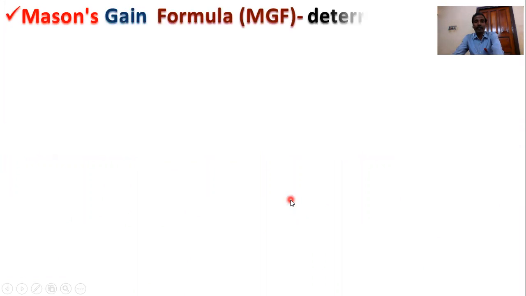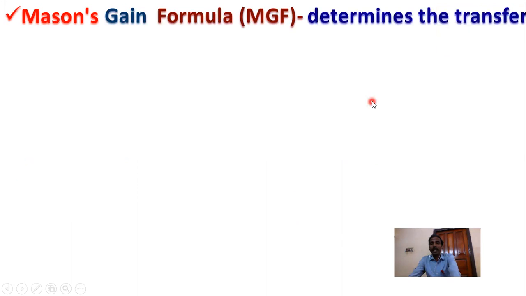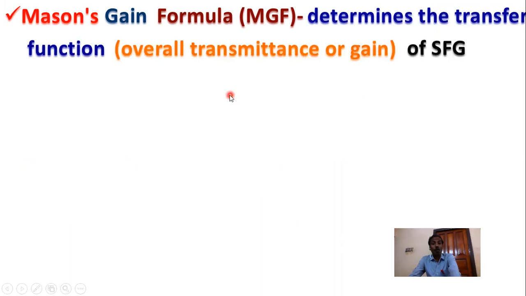Mason's gain formula determines the overall transfer function or gain of signal flow graphs.